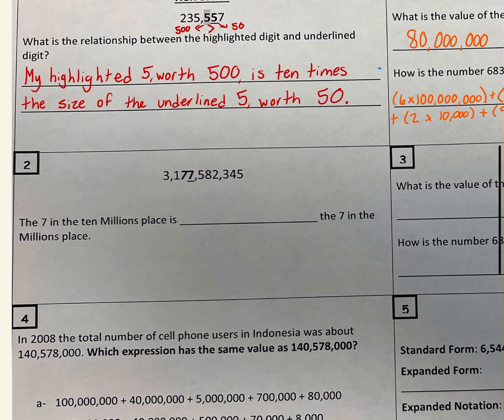My biggest thing on visuals is I like to see stuff. So a 7 in the 10 millions place, which is this one right here, has to mean that it's worth 70 million. And then the 7 in my millions place, that would be worth 7 million.